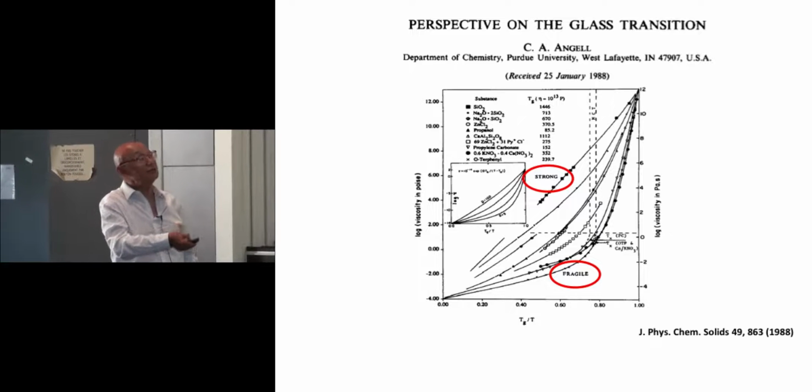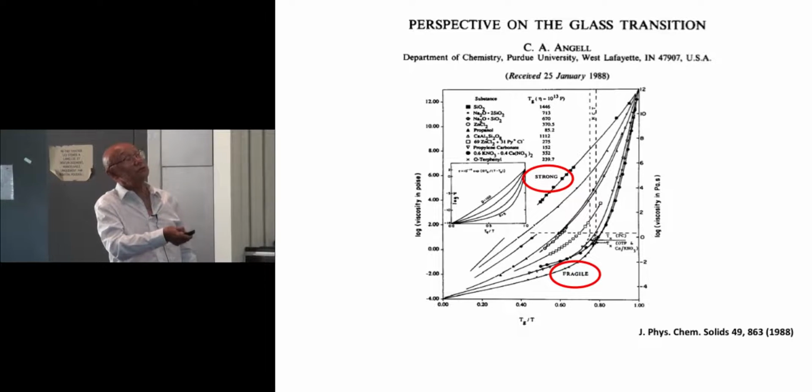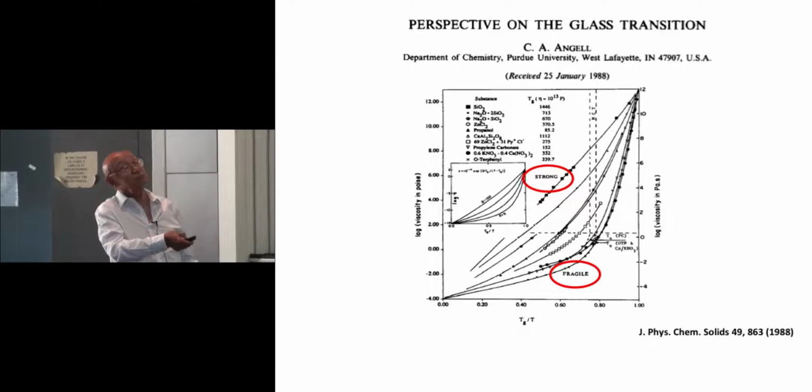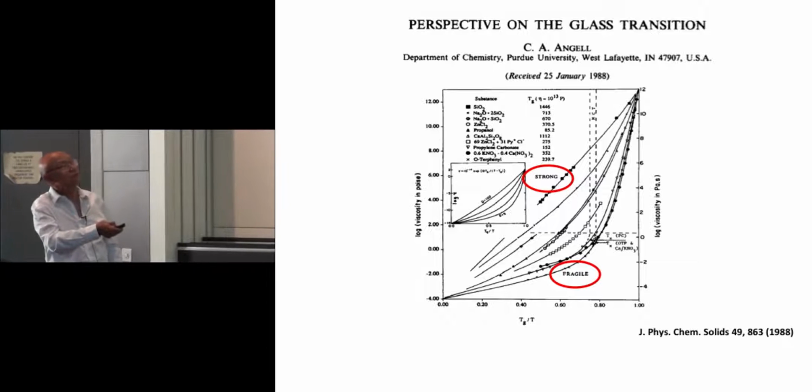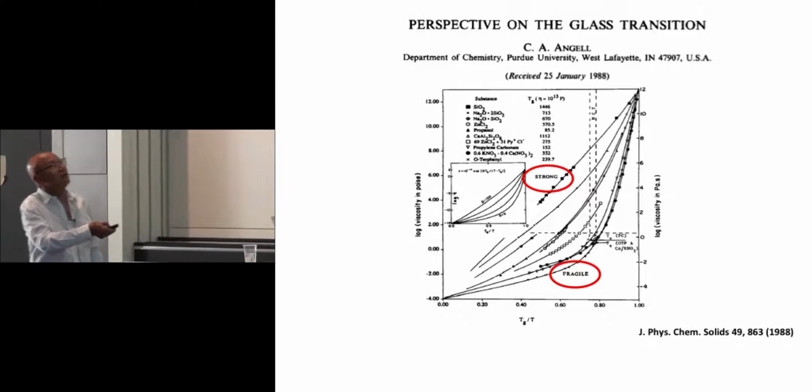You see a mass of data in which Angell called attention to two particular behaviors. There is something that goes Arrhenius. This is a plot of log of the viscosity versus 1 over the temperature. There are two or three data sets you have to look at carefully.